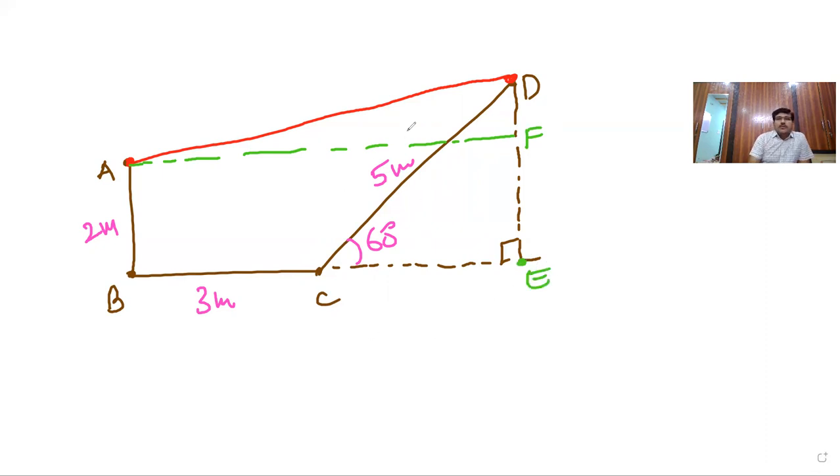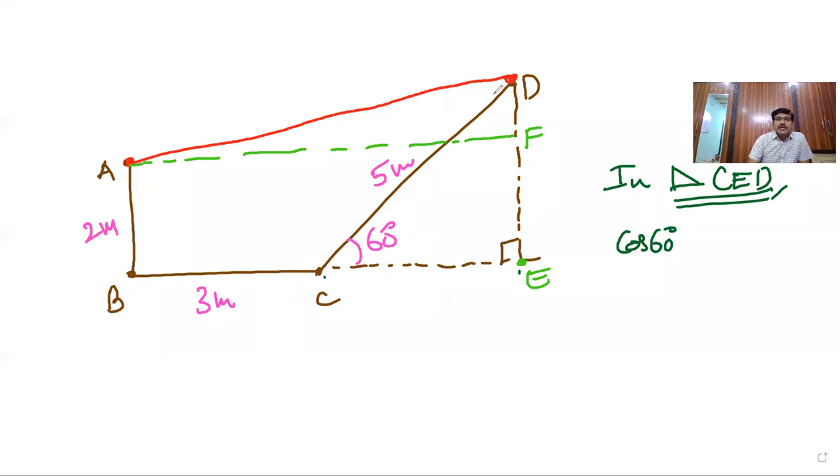Okay. Now observe. In right angle triangle CED, clear? What is cos theta? Cos 60 is adjacent side CE by hypotenuse CD.